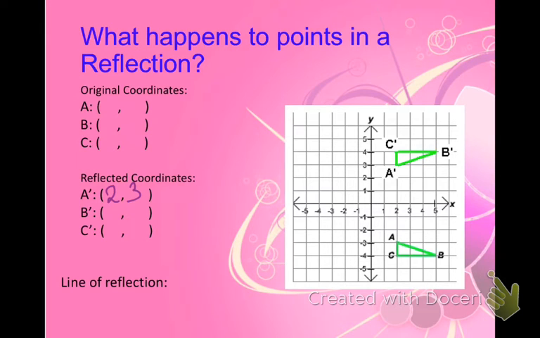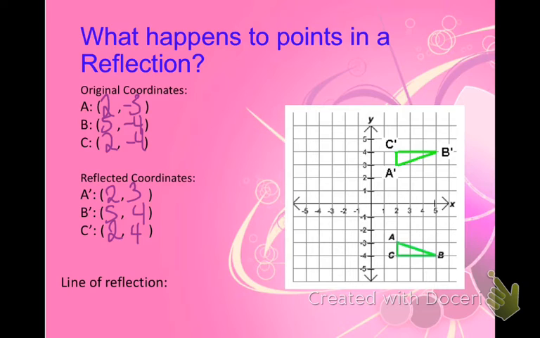B is 5, 4. Sorry. And C is 2, 4. Okay. A prime is 2, negative 3. B prime is 5, negative 4. And C prime is 2, negative 4.